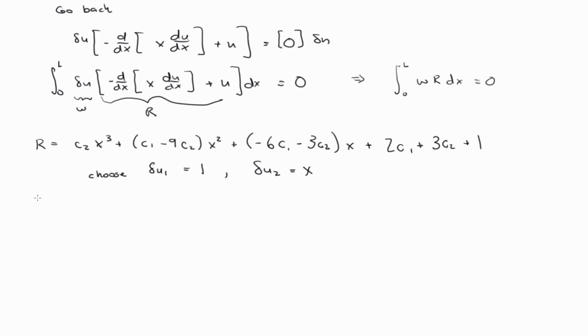So then we have the integral from 0 to 1, remembering we said L is equal to 1, of our weight, 1, times the residual, and we integrate that. Integrating this function from 0 to 1, what you get is 1 plus 2c1 plus 3c2.